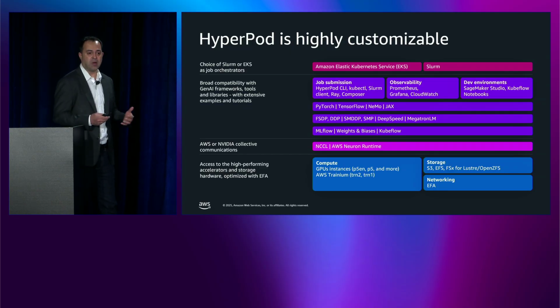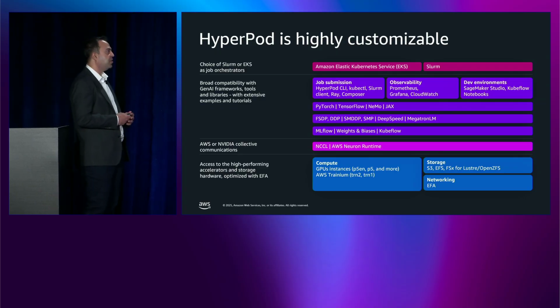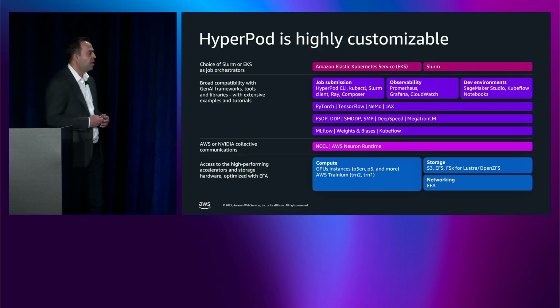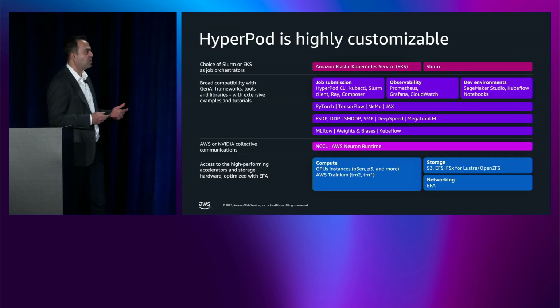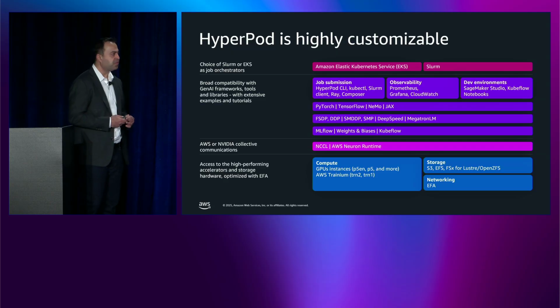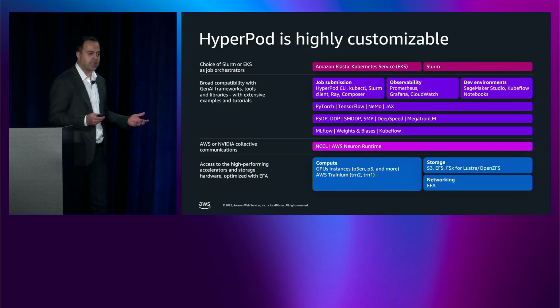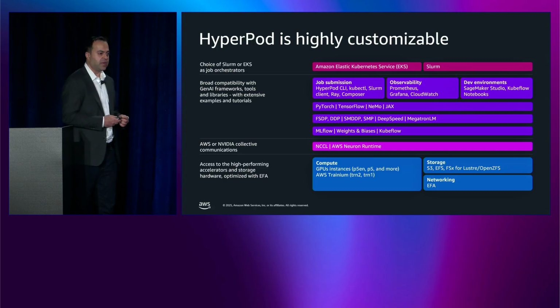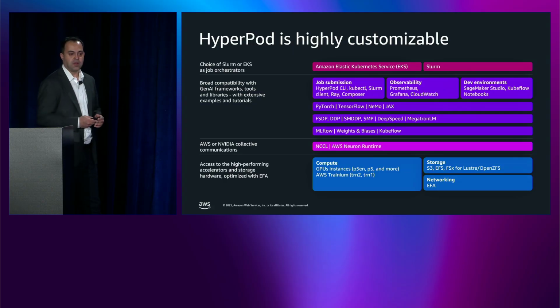It has out-of-the-box support for observability through integrations with Prometheus, Grafana, and CloudWatch. In addition, it supports all popular AI frameworks such as PyTorch, TensorFlow, NeMo, and JAX. And lastly, it also supports all the latest AI-accelerated instances on AWS, both GPUs and Trainium, and a variety of different storage options that you can use in your pre-training workload.